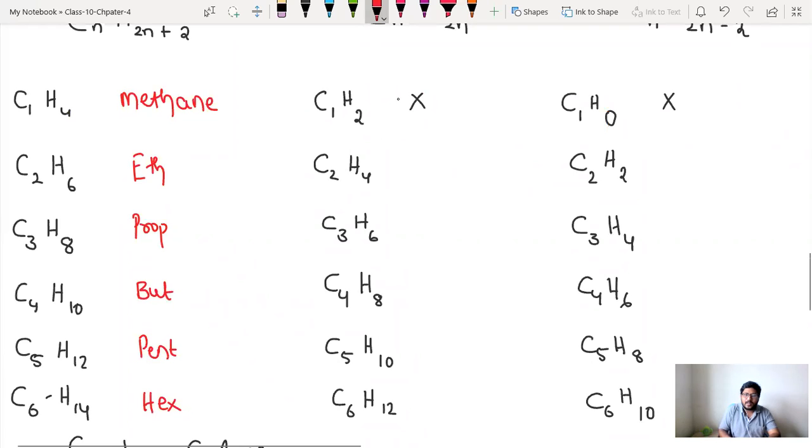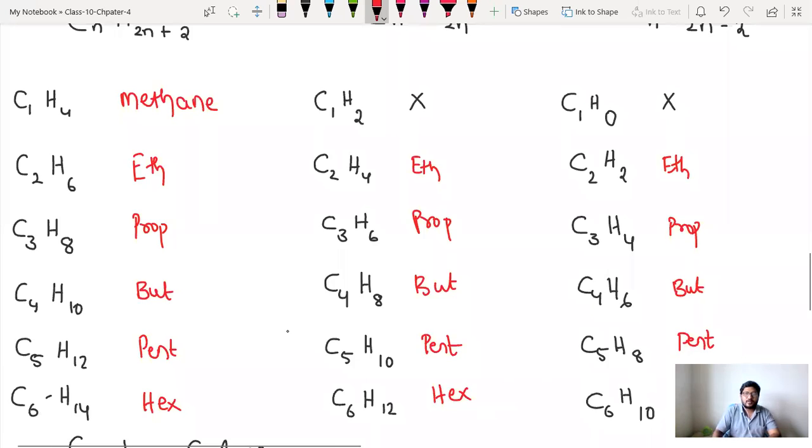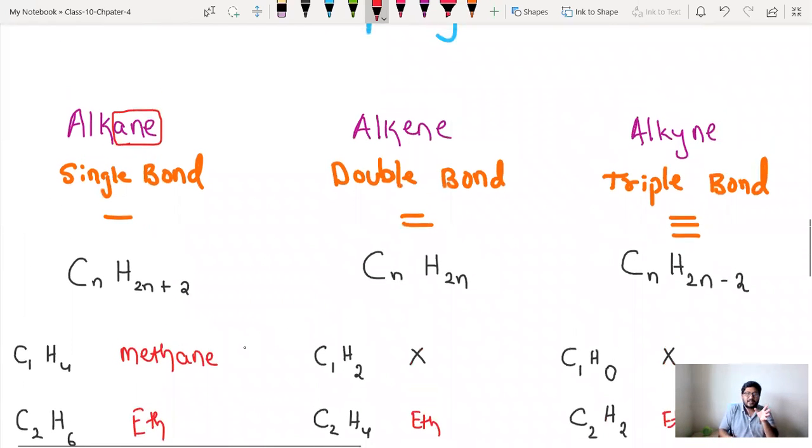In alkene, 1 carbon is not possible, leave it. 2 carbons eth. 3 carbons prop. 4 carbons but. 5 carbons pent. 6 carbons hex. Now while you are writing that category, if alkane category, you have to go with ane.